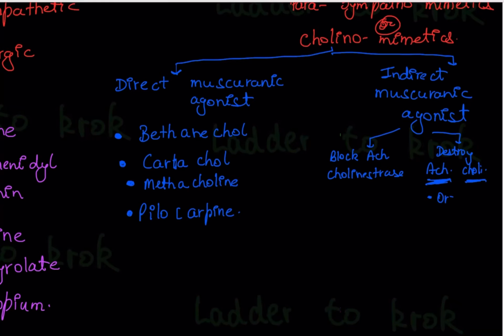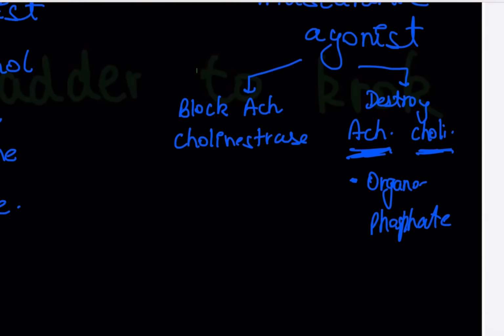Just write organophosphates. You know those pesticides, usually farmers commit suicide by eating them. These organophosphates destroy acetylcholinesterase.